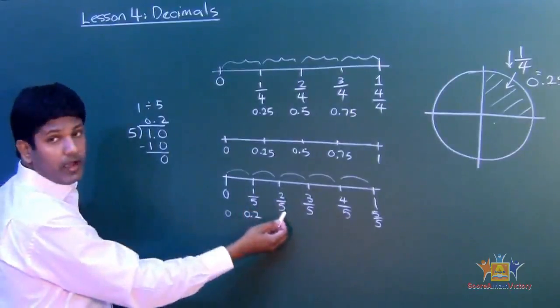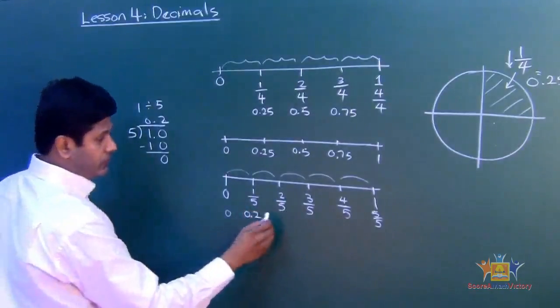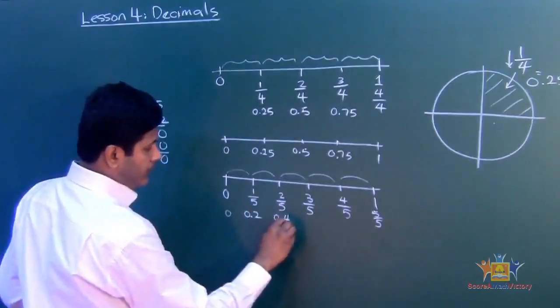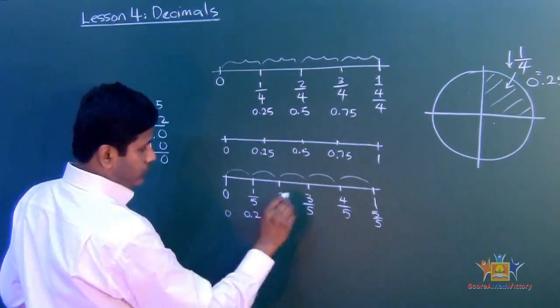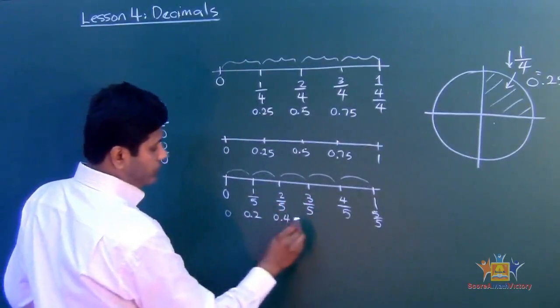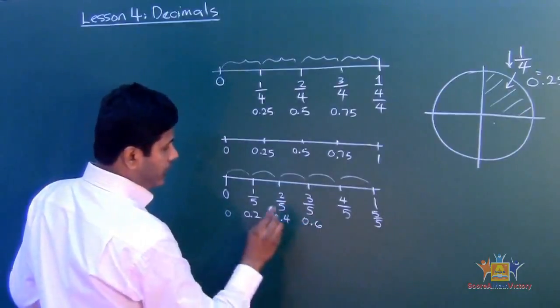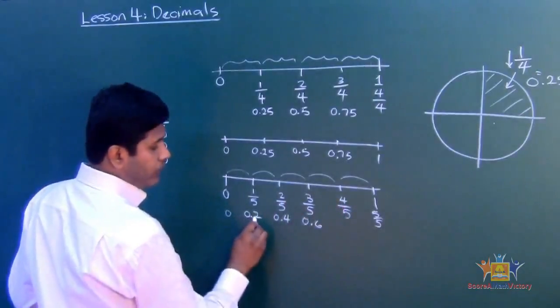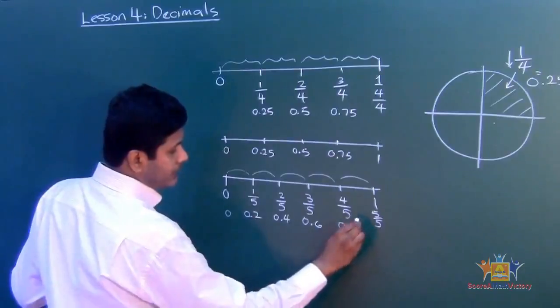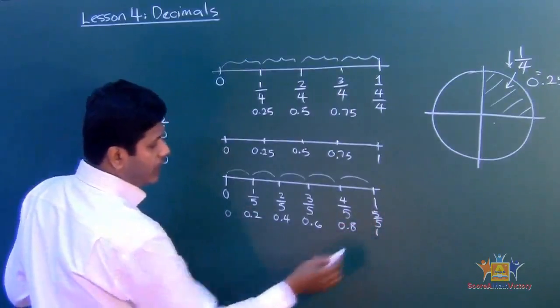Now 2 over 5 is going to be double that, so 0.4. Then 3 over 5 is triple, so 0.6. 4 over 5 is four times this, so 0.8, and 5 over 5 is 1.